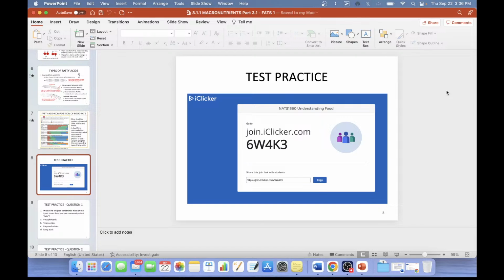Give me a signal that you've been able to log in. I think you can also go directly to the student login page using this link here.